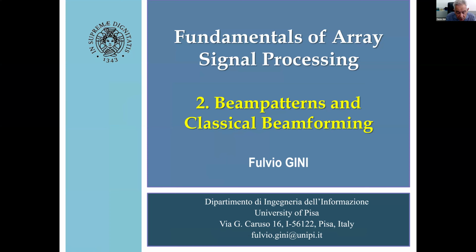So in other words, what I wanted to show at the end of the previous chapter is that we derive a model under simplifying assumptions. But this result is very important. First of all, because many algorithms have been derived by using this simplified model.